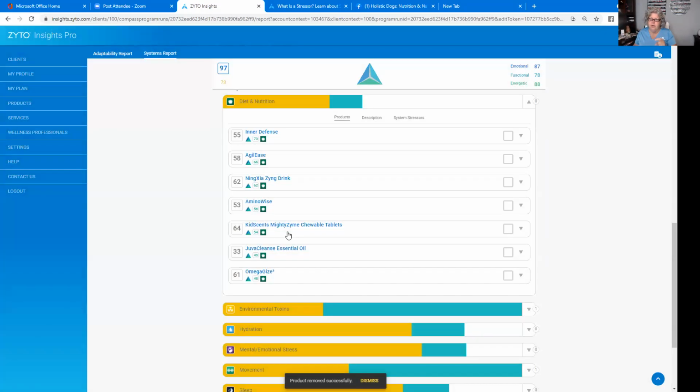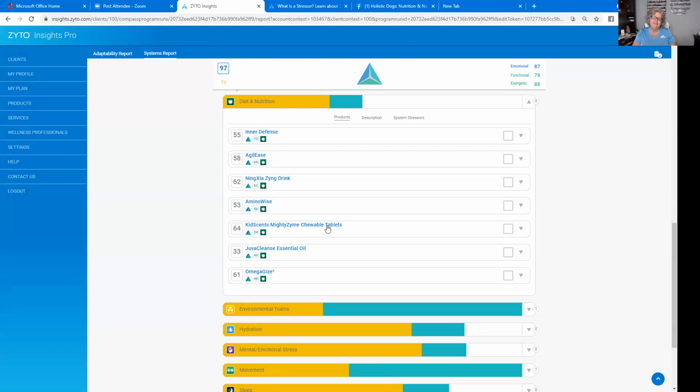I also know that Mighty Zyme I have started to use for the transition period from kibble to fresh, real foods. Why? Because the body doesn't naturally make digestive enzymes to support fresh, whole foods if it has been on a kibble-based diet.